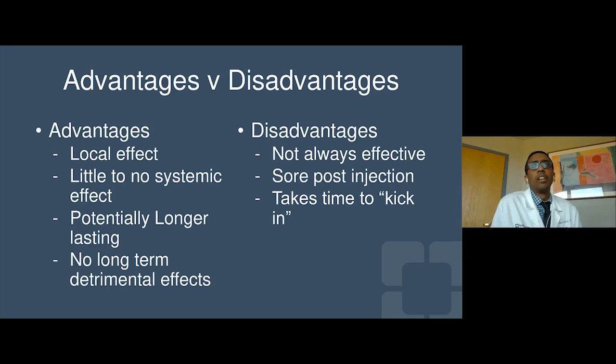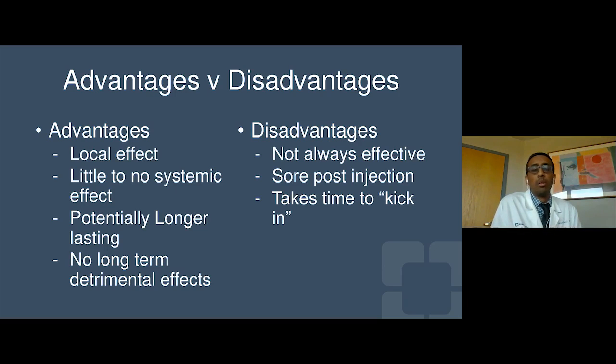There is no effect on the joints from a long-term standpoint. So if you repeat hyaluronic acid injections every 6 months and they're effective for that time frame, it doesn't break down the cartilage like cortisone can when you do multiple. Disadvantages, as with everything, nothing's 100%, so not always effective.